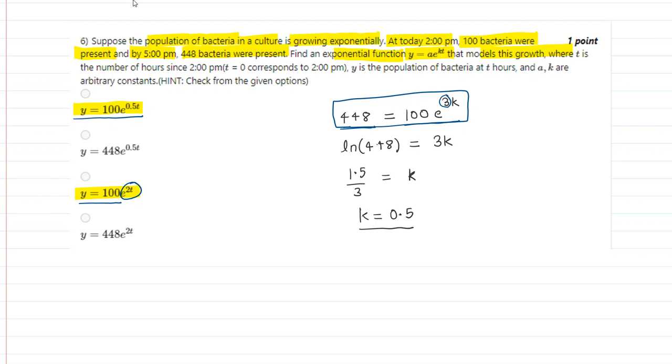If we divide 448 by 100, we get 4.48, and if we take ln of both sides, we get this. This is the value when we calculate in the calculator, and here we can find that k is 0.5. So with the help of logarithm we are able to solve this question very easily.